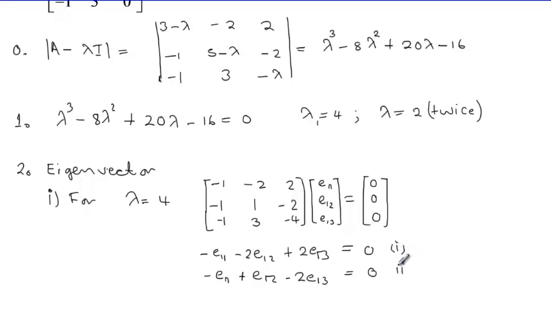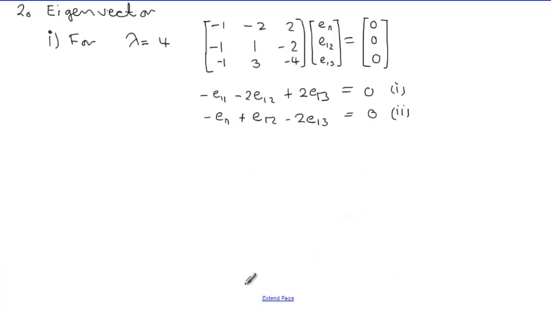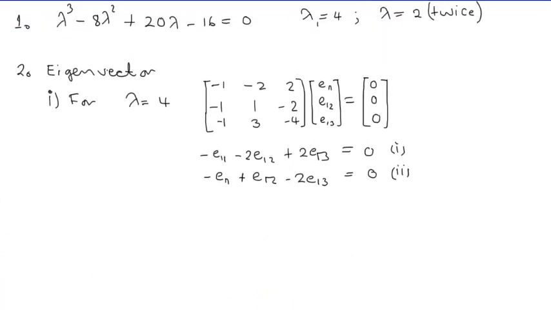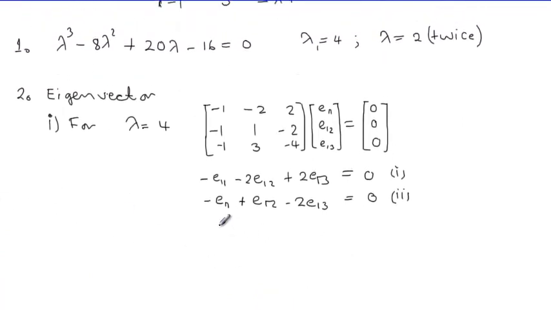So I hope you can see that in transforming this to a system of equations, your knowledge of multiplication of matrices is very essential. Then we've got minus E11 plus 3E12 minus 4E13 equals 0. This is our last equation, equation number 3.